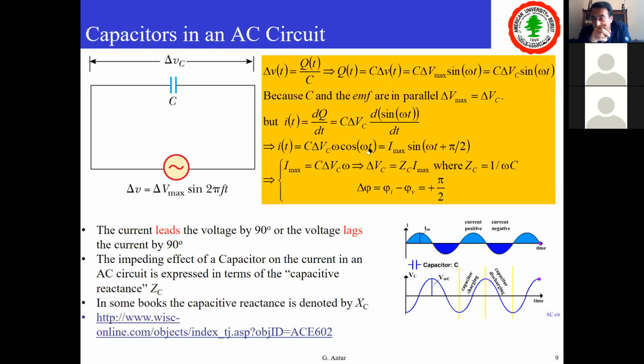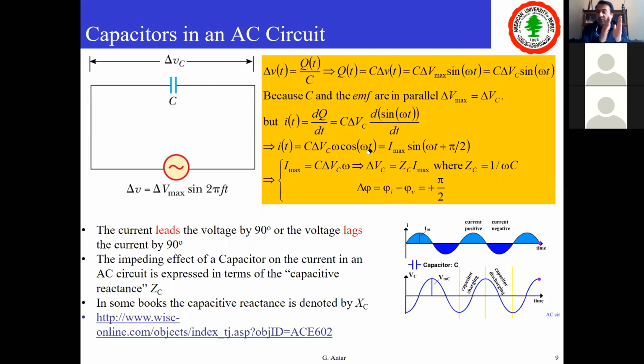To give you an idea about this acting like a resistance but not a resistance, assume that my capacitor is fully charged. The current flowing in my system is going to be equal to 0, right? Because it's fully charged. So basically, this fully charged capacitor acts as if I put in a resistor whose value is extremely high. It's basically the same.